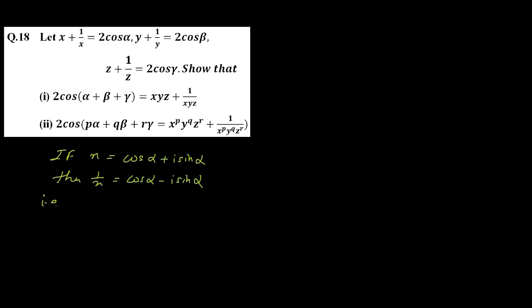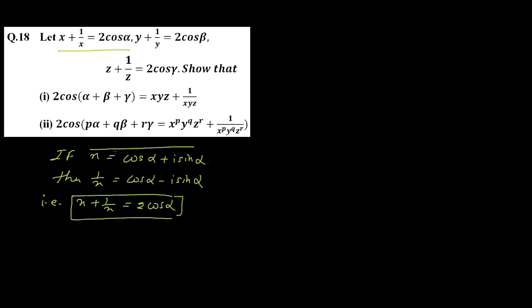That is, I can write x plus 1 by x is equal to iota sin alpha and minus iota sin alpha will get cancelled, and I will be getting 2 cos alpha. That means this is same as the given data in the question. Here we have given the data x plus 1 by x is equal to 2 cos alpha. That means my assumption as x is equal to cos alpha plus iota sin alpha is correct.